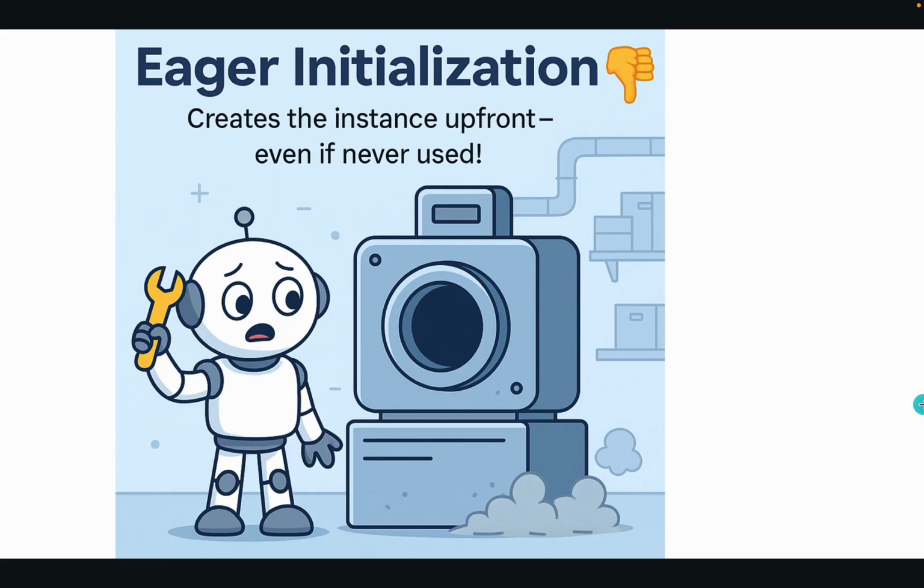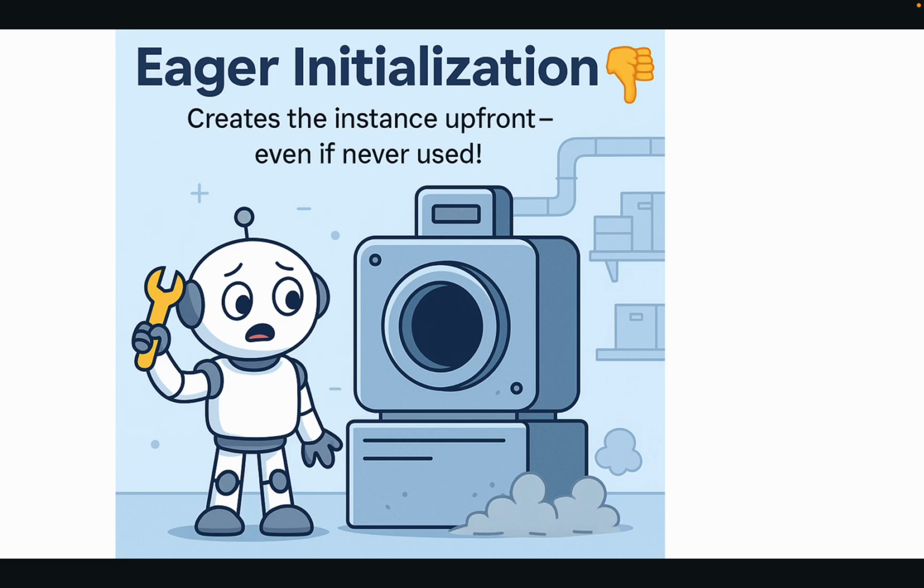We'll start with why we need Bill Pugh Singleton and what flaws we have with the traditional methods like eager initialization. In eager initialization, we create the instances upfront. What if we are not using the created instances?